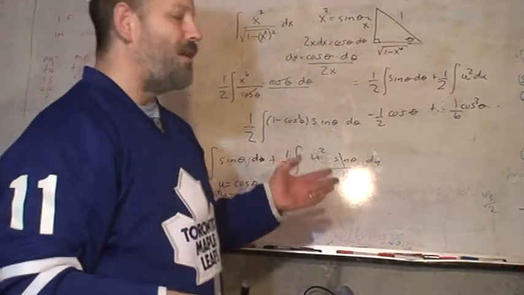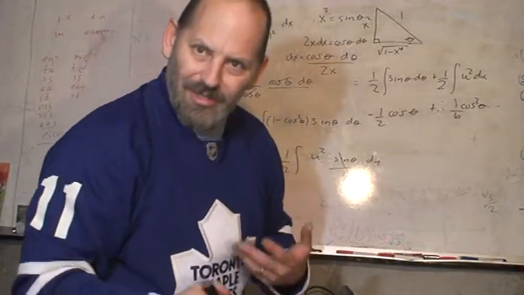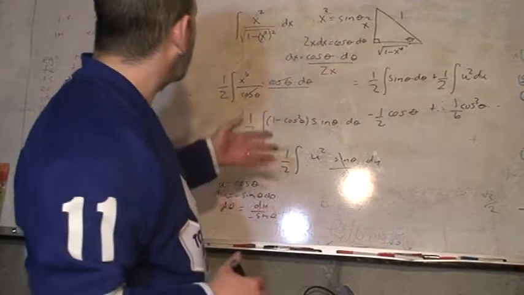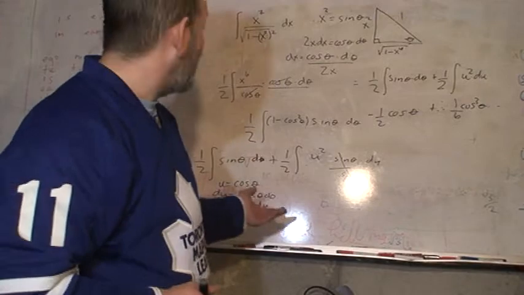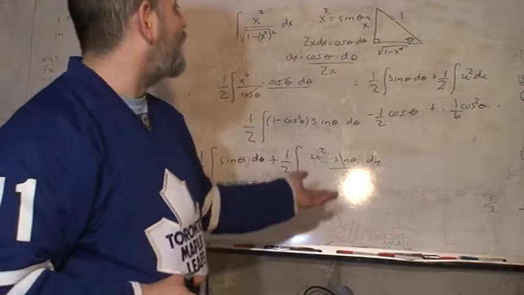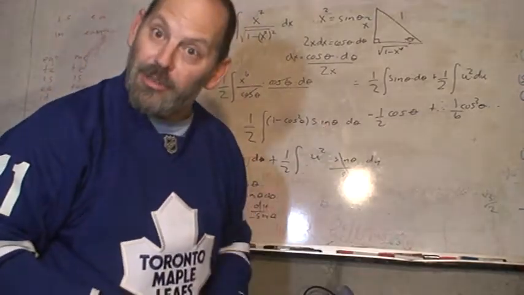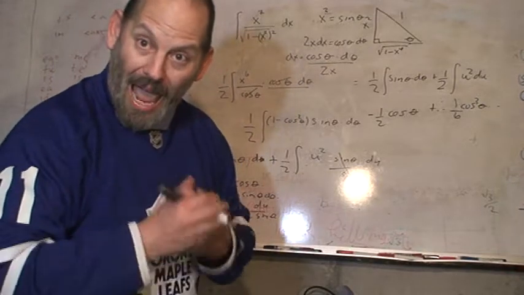But, okay, we didn't start in this particular world. We started out with x, we substituted it with a theta, then we turned it into a u, only to turn it back into a cos, and now the cos has to be turned back into x.